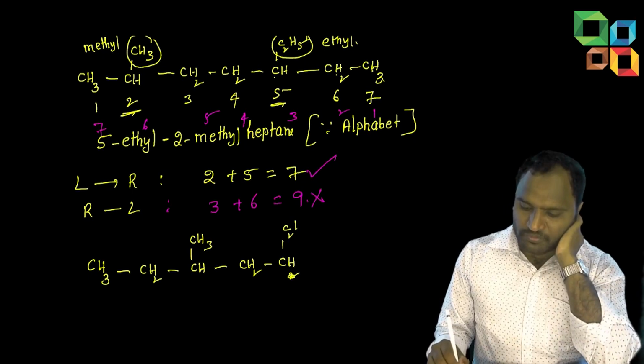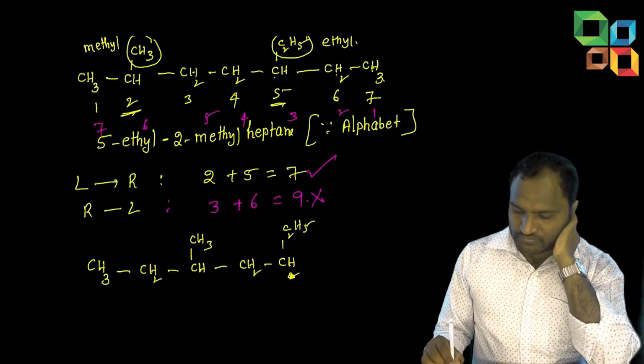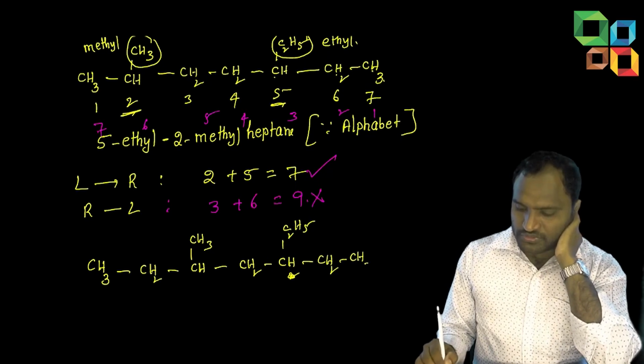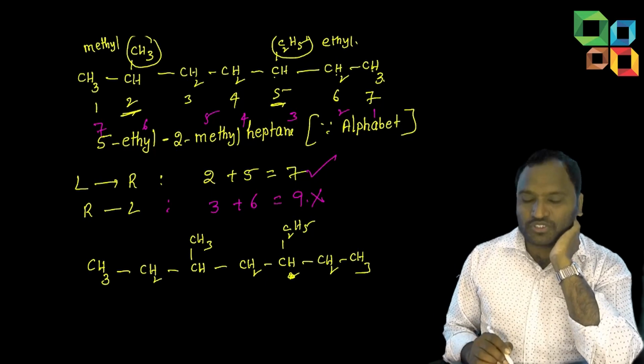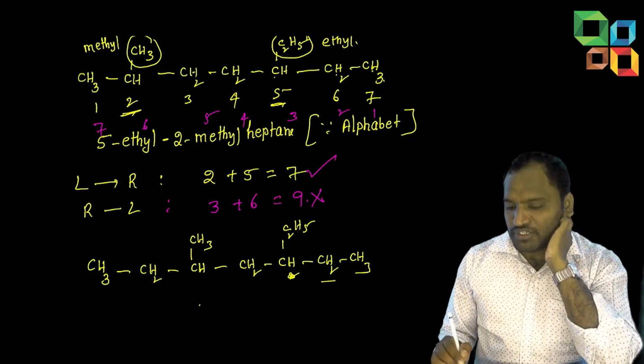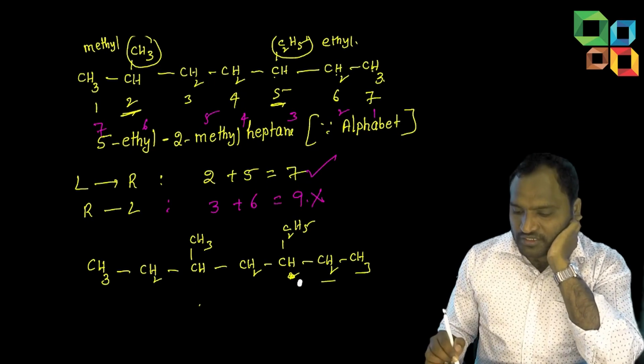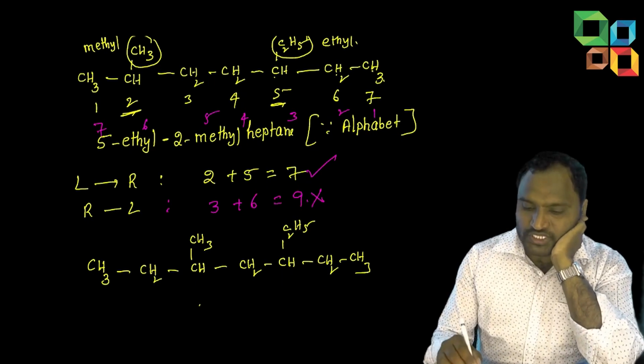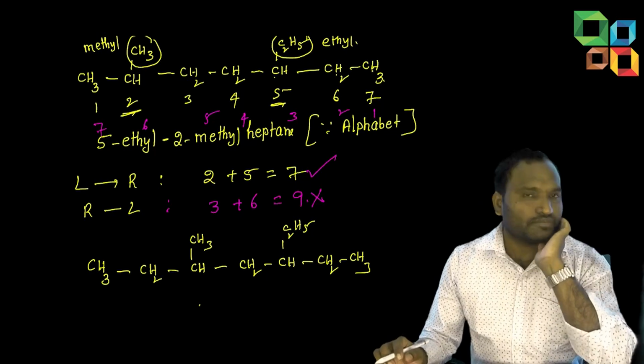Here, an ethyl group I am taking in third position. Which side do we have to give numbering? If you give numbering from this side, methyl will get the third number. If you give numbering from this side, the ethyl group will get the third number. Which do we have to select? Right to left or left to right?